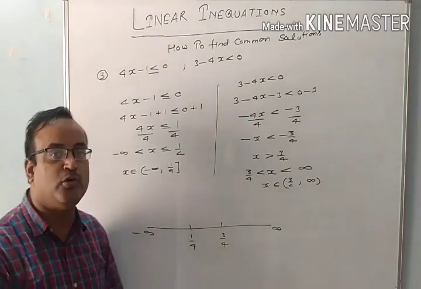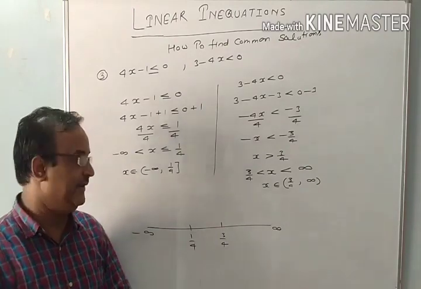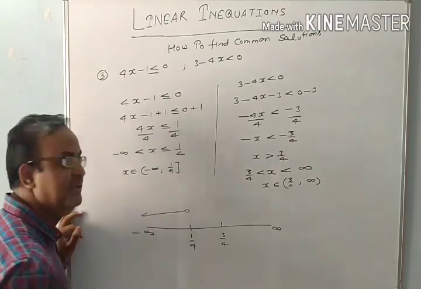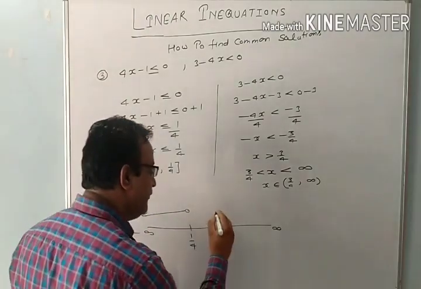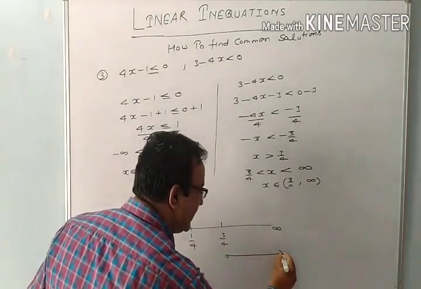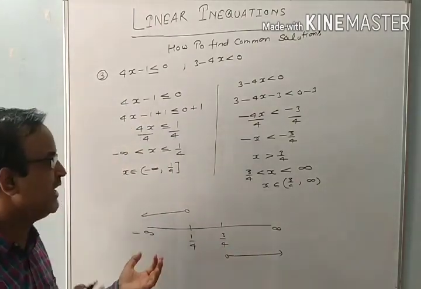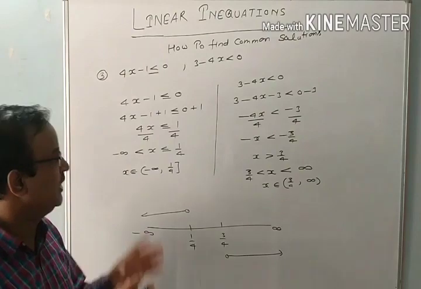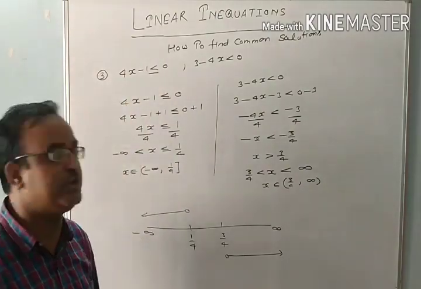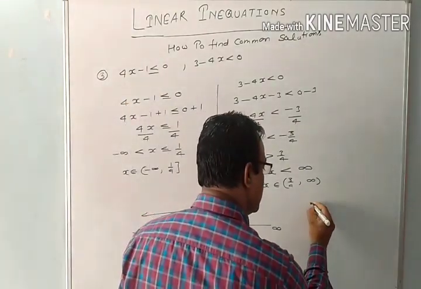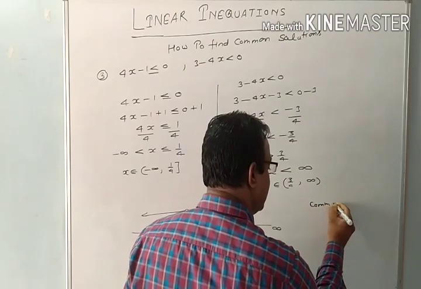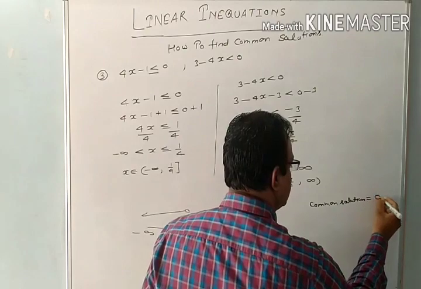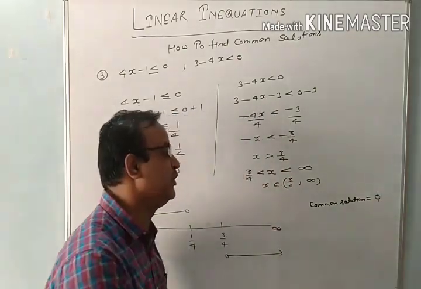Now we draw the lines: from 1 by 4 to minus infinity on this side, and from 3 by 4 to plus infinity. Both the lines are going in opposite directions. There is no common portion. So these given linear inequations have no solution. So we write here the common solution is phi. No solution is denoted by phi.